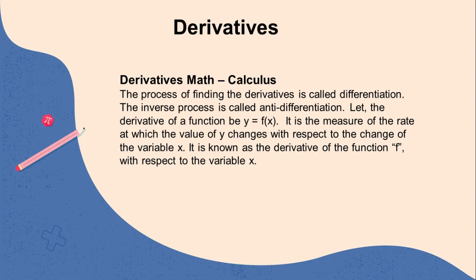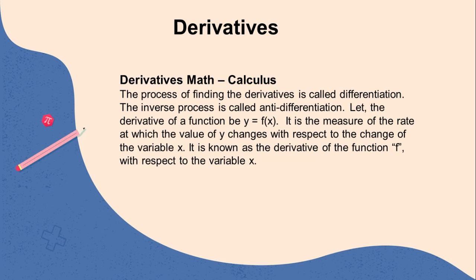Derivatives, math, calculus. The process of finding the derivatives is called differentiation. The inverse process is called anti-differentiation. Let the derivative of function be y equal f of x. It is the measure of the rate at which the value of y changes with respect to the change of the variable x.